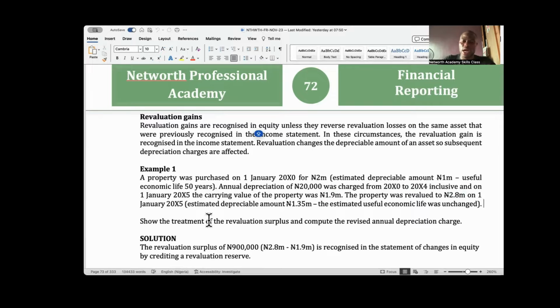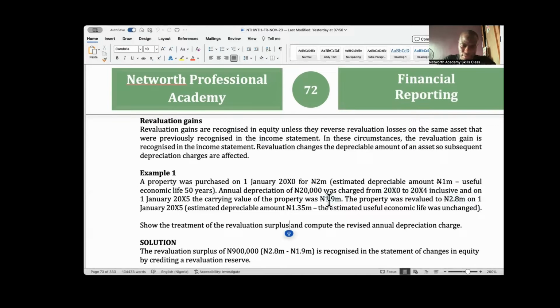So how do we account for this revaluation surplus? The first thing is this: there was a revaluation, and this property was revalued to 2.8 million on 1st of January 2005. The core thing here is this: whenever you see revaluation, just identify the date of the revaluation.